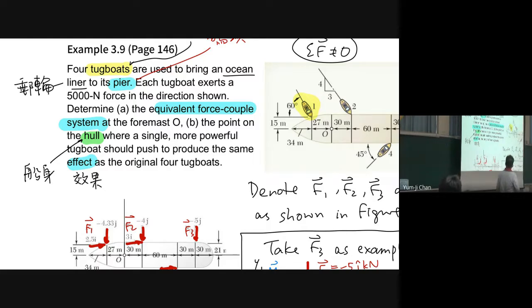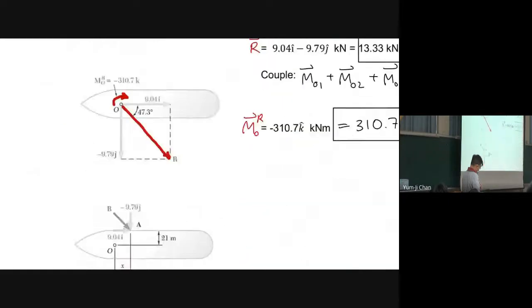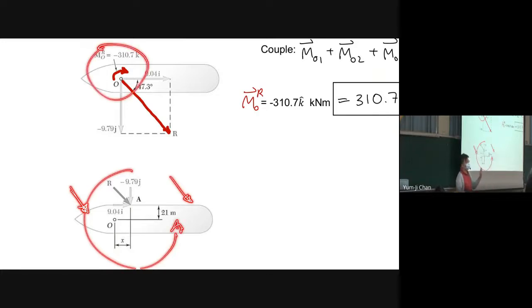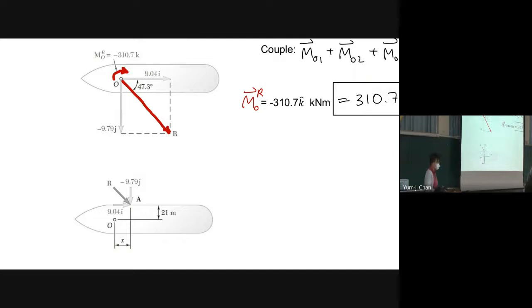Of course the boat is more powerful, but where should we put the force? We have an unknown x here, because we should not put it here, and definitely not here, because if you put it here, it will turn anti-clockwise. But now we want clockwise movement.